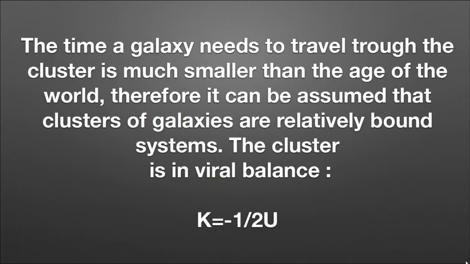He could compare the masses in two ways: by analyzing the motion, and by the luminosity and mass relationship. The time a galaxy needs to travel through a cluster is much smaller than the age of the universe, so we can assume that they are relatively bound systems. So we can use the virial theorem over here for a cluster of galaxies, that is, kinetic energy is minus 1 by 2 times the potential energy. Next slide.